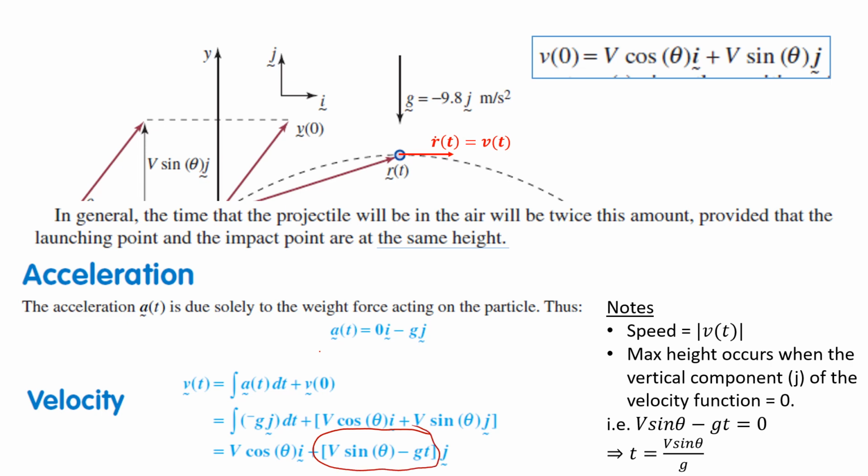When it's moving perfectly horizontally, that's when it's reached its maximum height. So we can set that to 0 and solve for t, and we can obtain the maximum height it reaches above the point of projection. So hopefully all that is nice and clear.